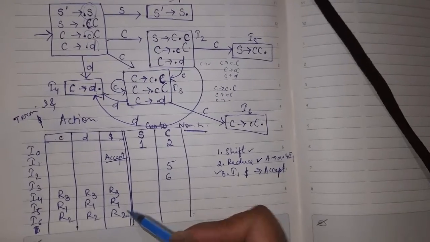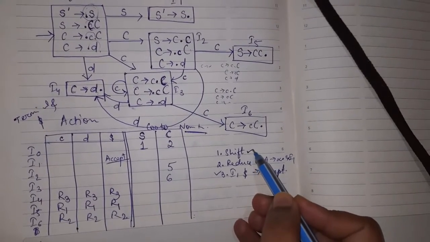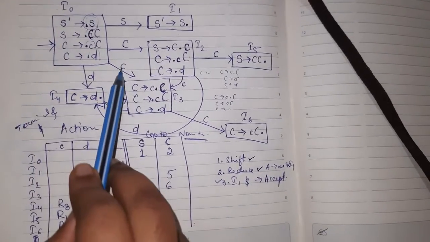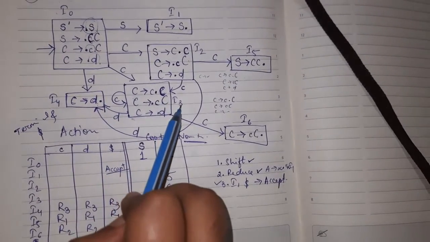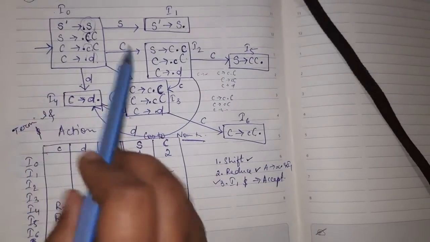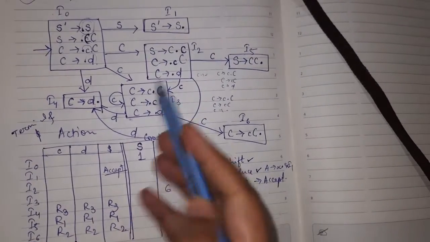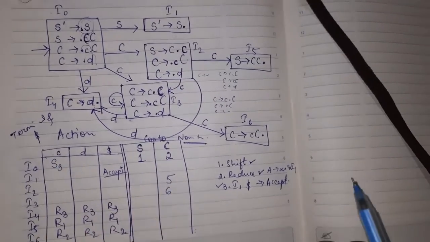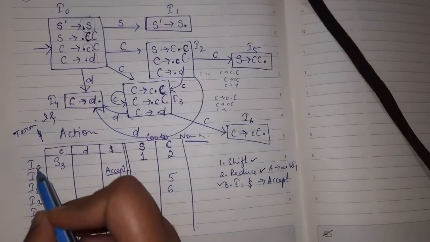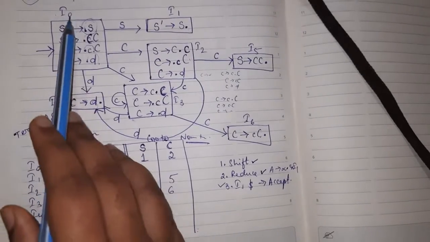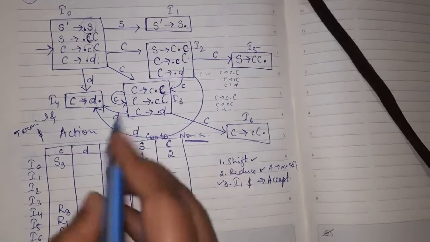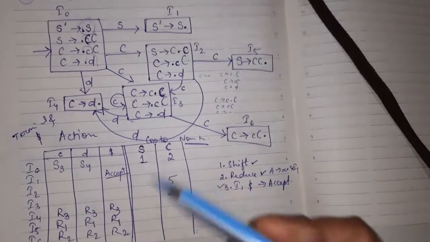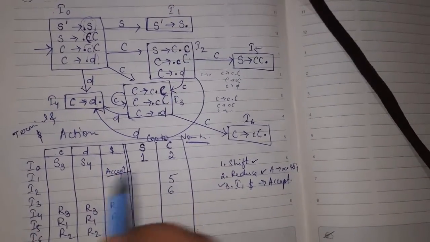Now shift. I need to shift for the other cases. From I0, on small c, I am getting I3, but this is a shift. Similarly for I0 on d I get I4, means S4. Then I4, leave it.